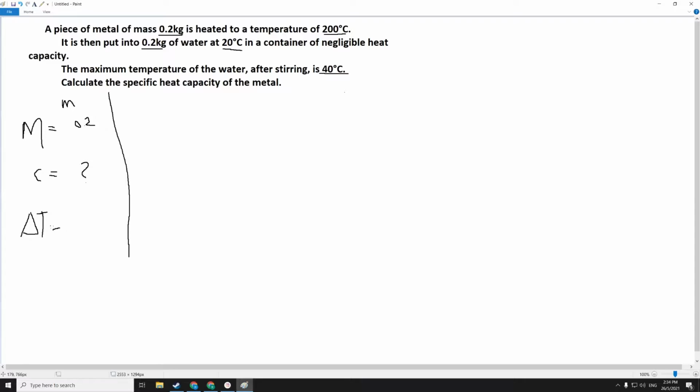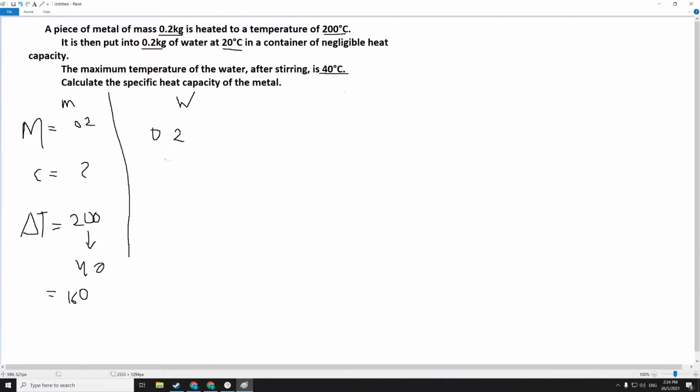It's at 200 degrees Celsius, and it cools down to 40. So the temperature change is 160. Then we know that the water here has a mass of 0.2 kilograms as well.